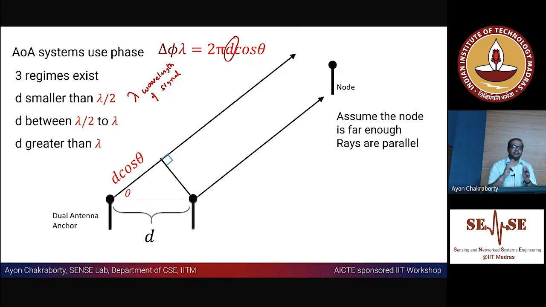The physical form factor of the device or the anchor depends on the wavelength of the frequency. If you want to manufacture this device, you have to place these antennas, and the separation among the antennas is going to be a function of lambda. You cannot just arbitrarily put the antennas, because we are trying to see the implication of this distance.